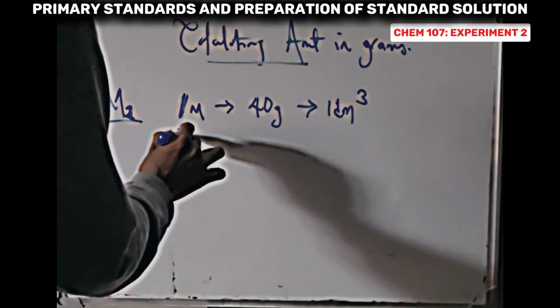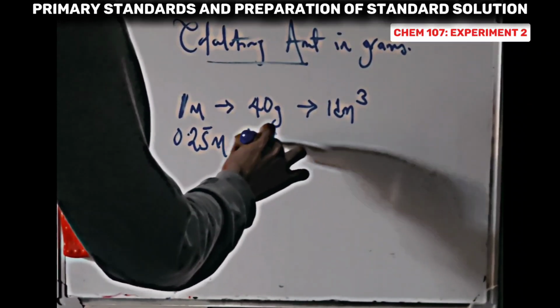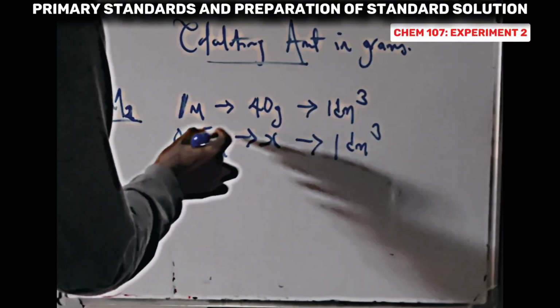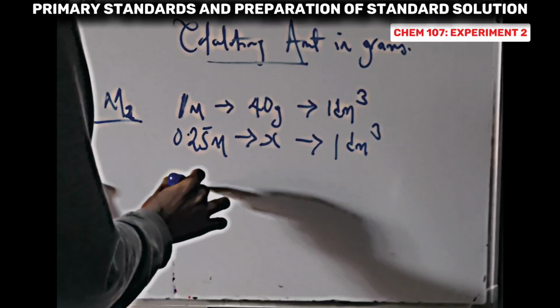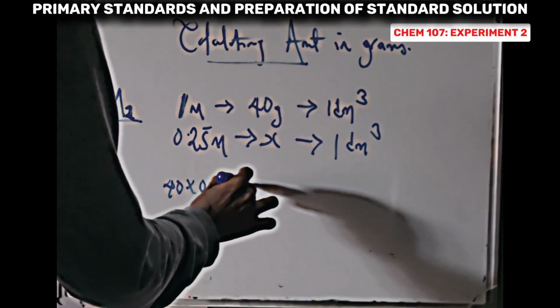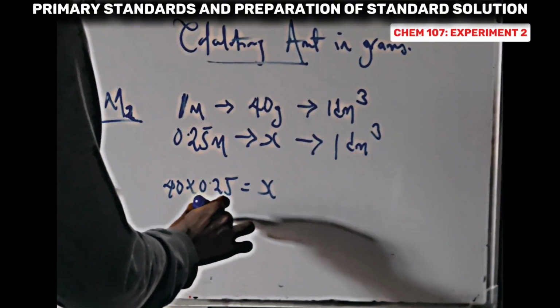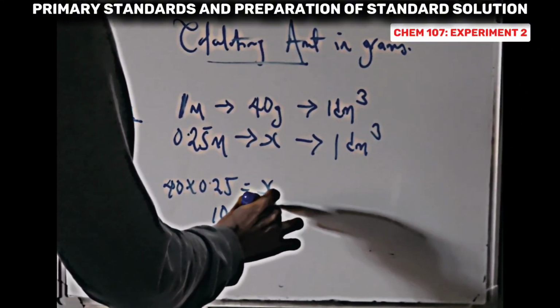So how much is in 1 dm cube? From here we cross multiply: 40 times 0.25 will be equal to X times 1. If you do this, you get 10, which is 10 gram per dm cube.